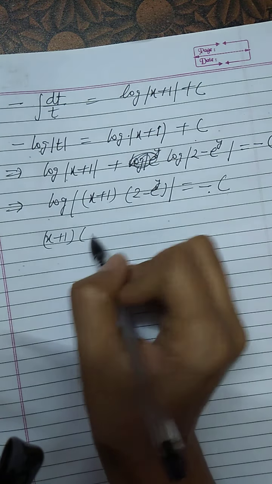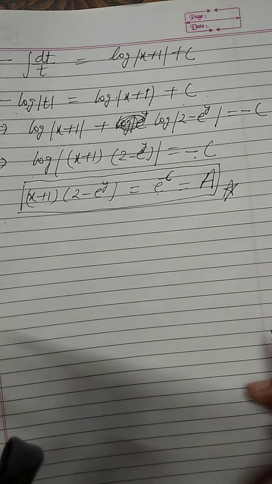It is our choice. So this will become our general solution. And if you want to keep this e raised to power minus c as such, you can do that, because c is constant, so e raised to power c is also constant, no problem.